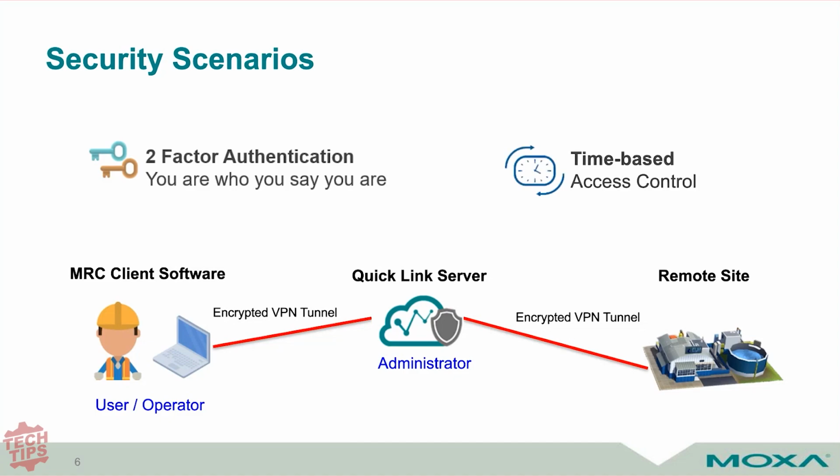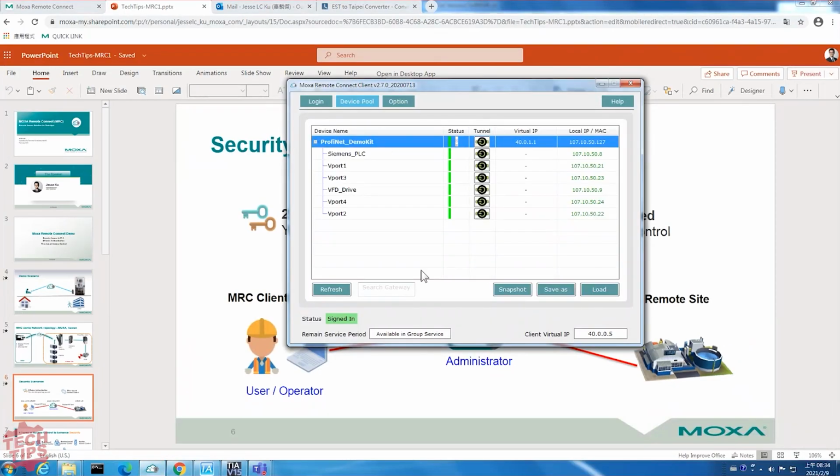I would demonstrate 2 scenarios here. The first is 2-factor authentication, which basically means it will verify that you are who you say you are. So that's basically authentication. And then I'll talk about access control, which is time-based. So an operator will use this MRC client software to remotely connect back to the office or connect back to the factory.